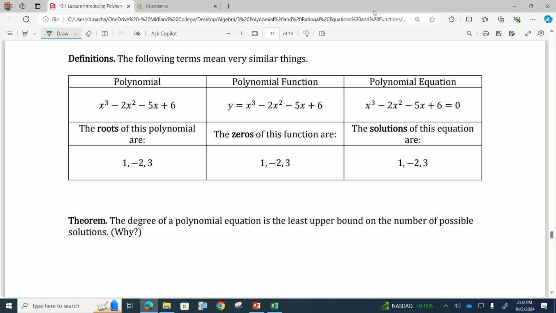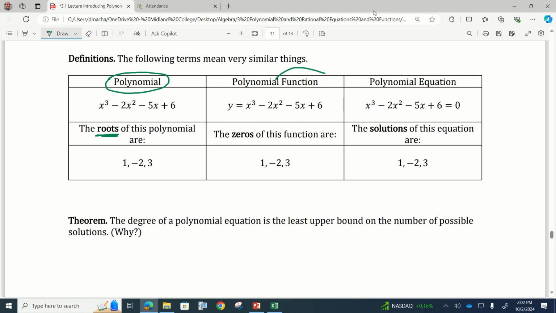I said this with quadratic polynomials, but this makes sense for polynomials in general. If I say the word polynomial, I'm only talking about the expression. This is an example of just an expression. And polynomials have certain roots. If I were to factor this polynomial, I could see what the roots are based on the factored form of that expression.